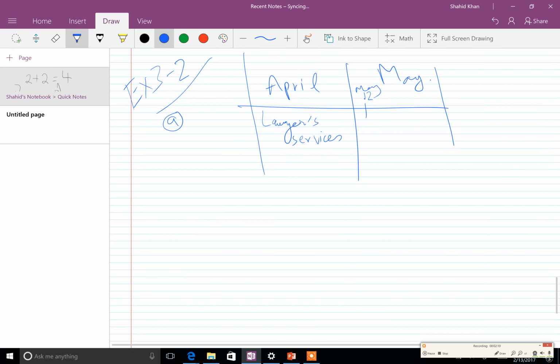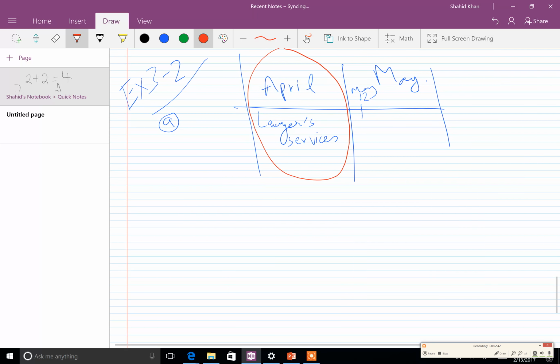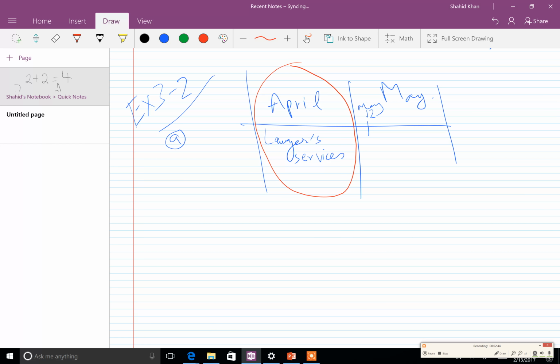When you book the entry, remember you have incurred an expense, the attorney or legal expense. During the month of April, you used up the services. So if you make an income statement for the month of April, you must have an expense called legal expense.